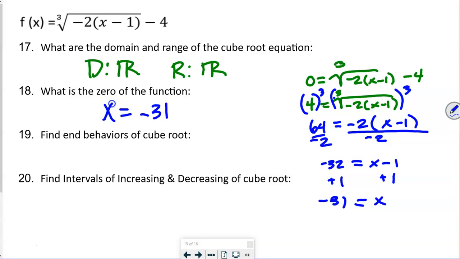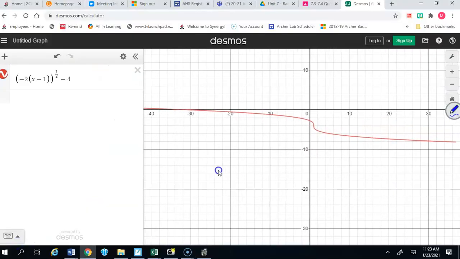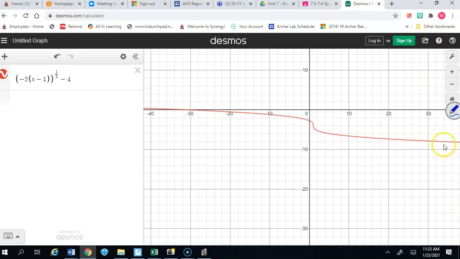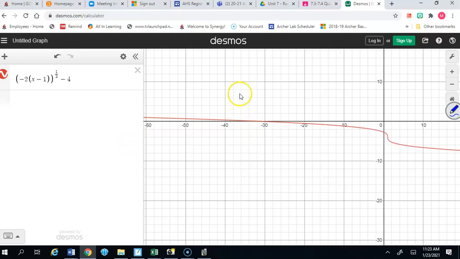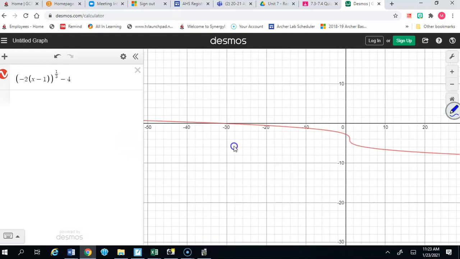And then the end behaviors, if you recall, let's go back and look at the graph again. So as x is approaching positive infinity over here, what's happening to our y values? Well, they're going to -infinity. And as x is approaching negative infinity, what's happening to our y values? Well, they're going up and up and up. So they're going up to positive infinity.